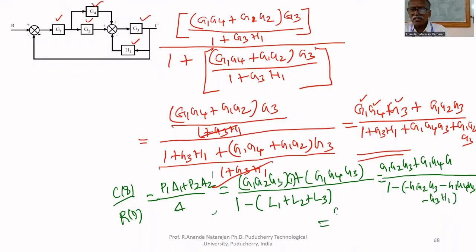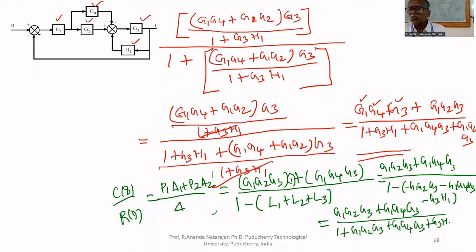Therefore, the given transfer function is G1, G2, G3 plus G1, G4, G3 upon, because all the loop terms are negative, 1 plus G1, G2, G3 plus G1, G4, G3 plus G3, H1.